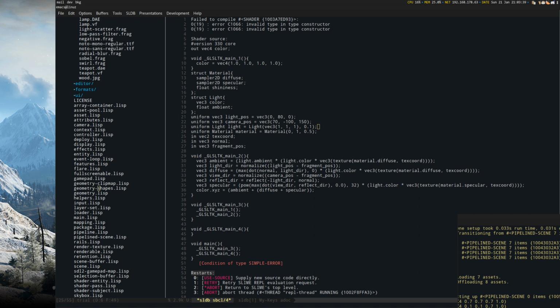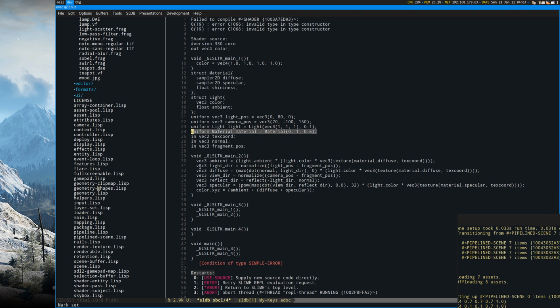"Can be used as a default value for sampler uniforms." It's here. Weird. Why does it complain then? I mean, it's this line, isn't it?